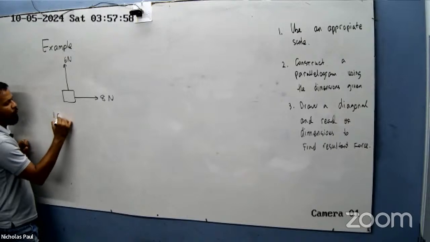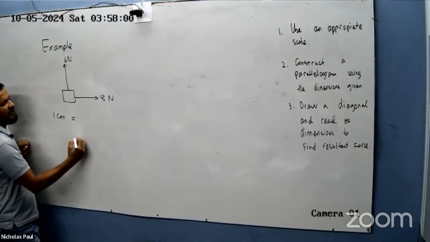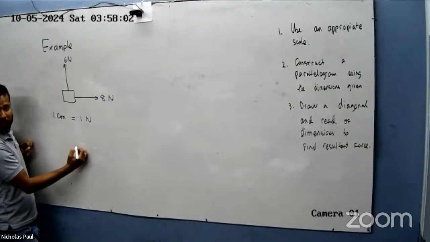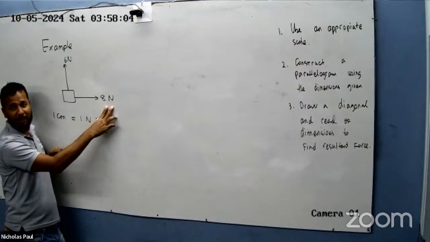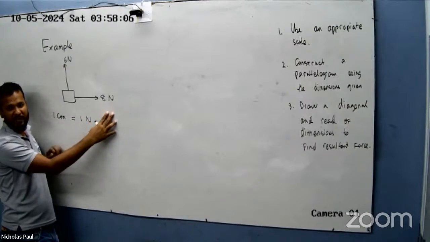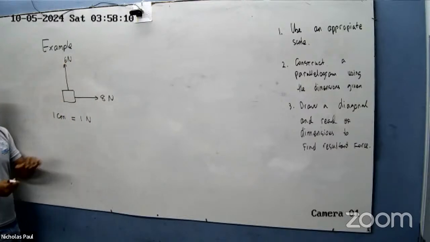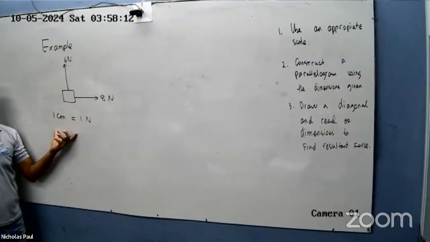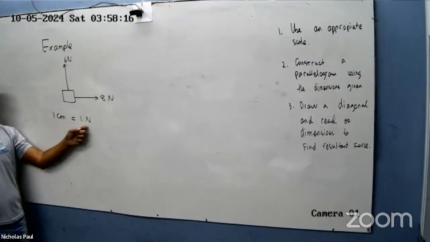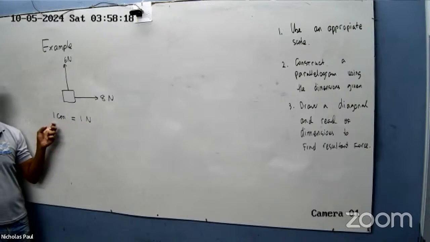We could use 1 centimeter is equal to 1 Newton. So 8 newtons is how many centimeters? 8. And 6 newtons will be 6. So suppose it was 80 newtons. Will this scale work? No. So you have to use a larger amount of newtons per centimeter.